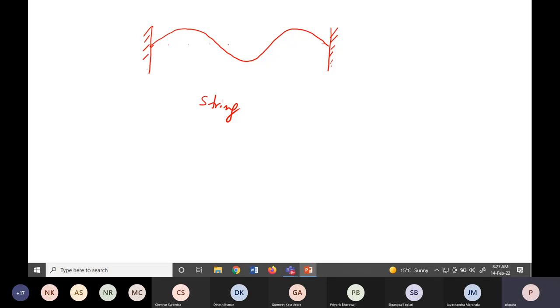So Schrodinger looked at the classical waves. Say for example, I have a string and the string is fastened at the two ends, and I generate a standing wave in the string. Okay, say this is my y, this is my x.